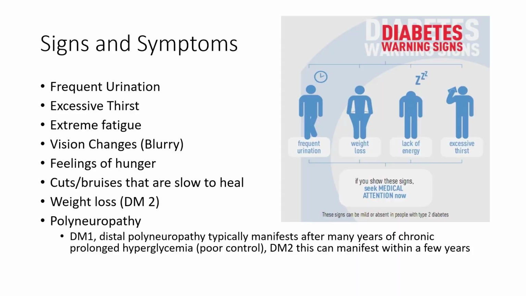Now, the general signs of someone with diabetes. The two probably most common are frequent urination and frequent thirst, which is actually the root of the word diabetes, what it means in Greek, I believe. Then fatigue and vision changes, blurriness, glaucoma. I believe it's the second leading cause of blindness in the world.